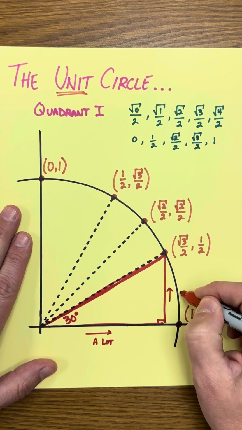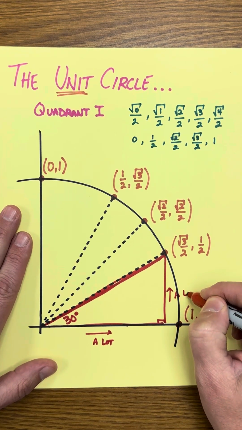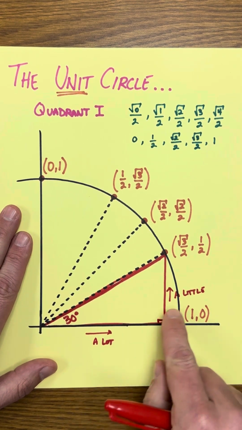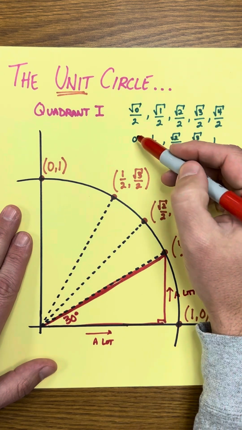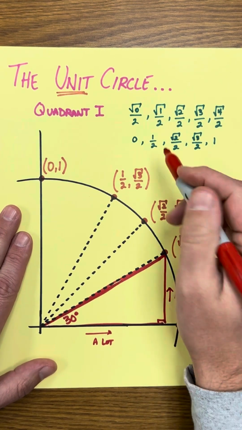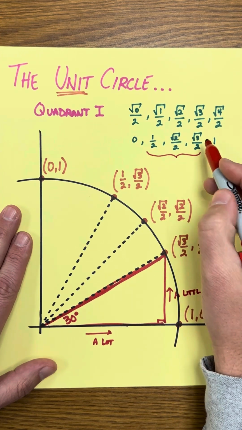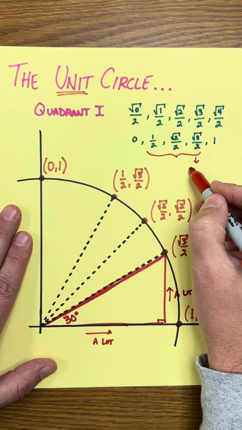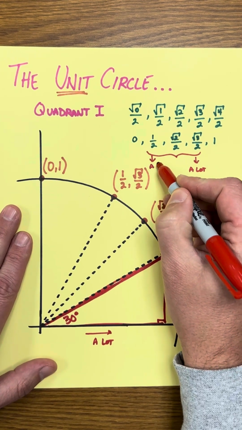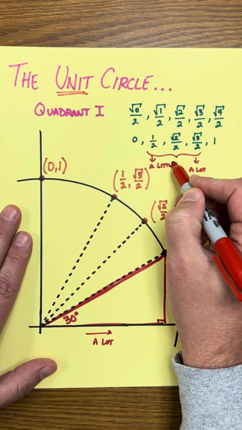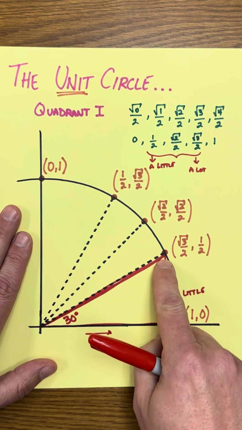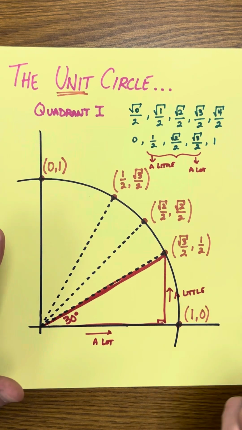We have to go up a little. All right, so over a lot, up a little. I know I'm not going to use the 0 and the 1 points. So if I'm just looking at these 3 values here in the middle, this one is a lot. This one is a little. So I'm going over a lot, which is the big number. I'm going up a little bit, that's the smallest number, okay?